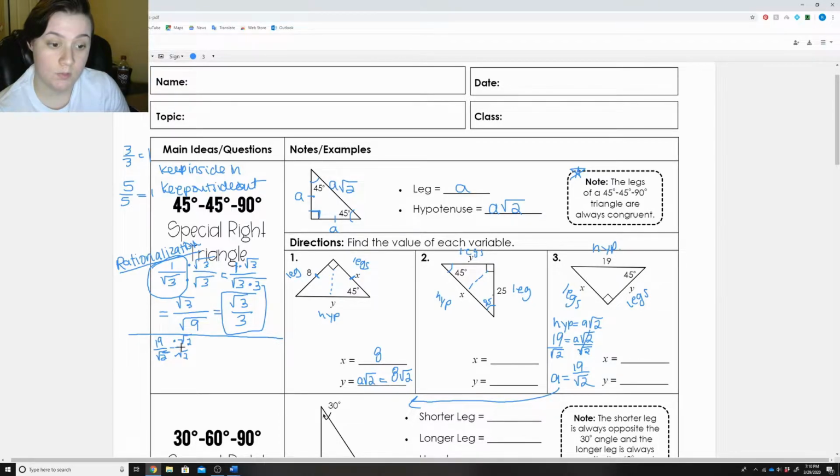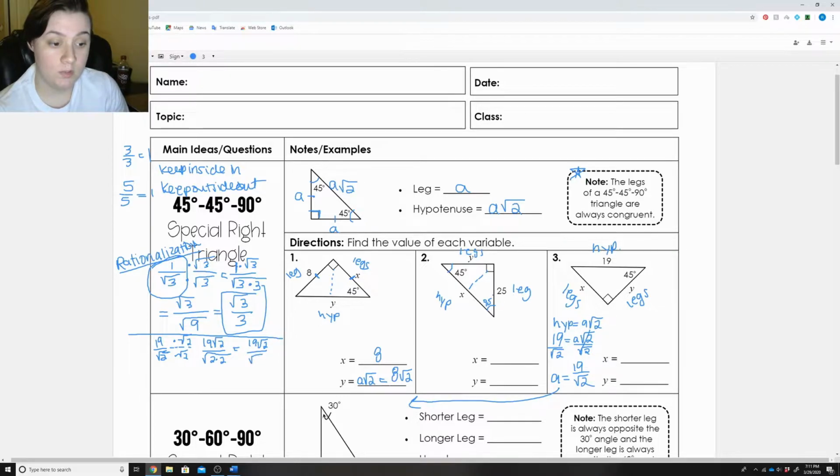So we're going to do straight across 19 times the square root of 2. Since 19 is on the outside and square root of 2 is underneath the square root here, we can't do anything to it. But now we have square root of 2 times square root of 2. Since they're both underneath the square root, we can take those 2's together.